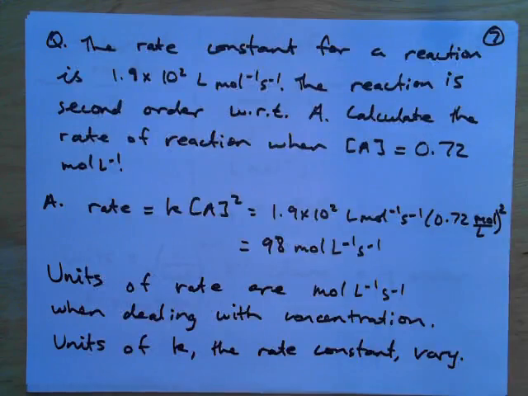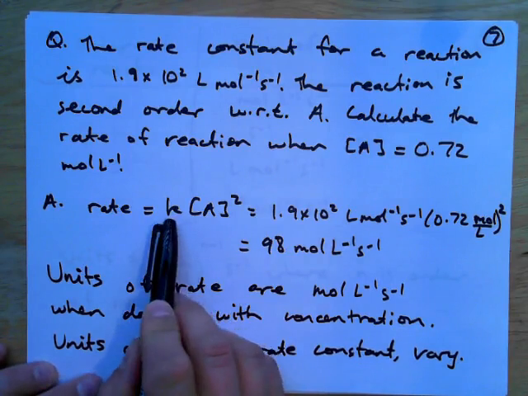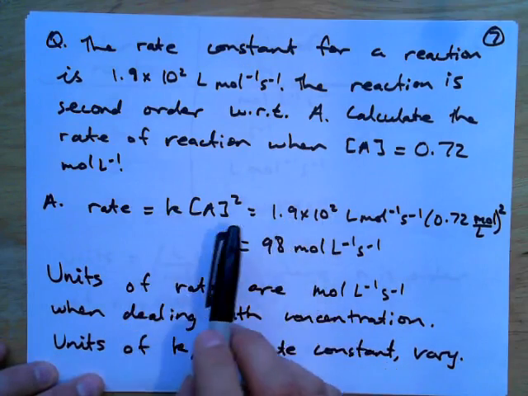So, let's do another example. The rate constant for a reaction is 1.9 by 10 to the 2 litres per mole per second. The reaction is second order with respect to A. Calculate the rate of reaction when the concentration of A equals 0.72 moles per litre. Okay, so given our information, our k, which is our rate constant, we can put that in here.